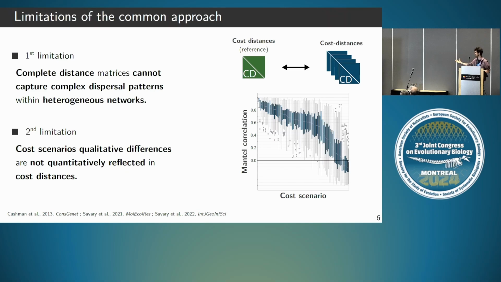I computed the correlation with other cost distance matrices computed with different cost scenarios, and I could see across a lot of realistic landscapes that the correlation was super high. So many cost scenarios, totally different qualitatively, bring high correlation. So in that case, it means that we also need to disentangle what is the cost component from what is the distance component in this cost distance matrix. Otherwise, we can't make sense of the signal.